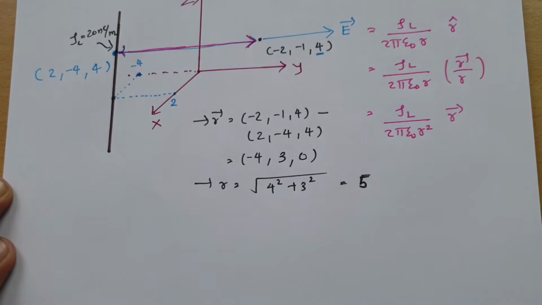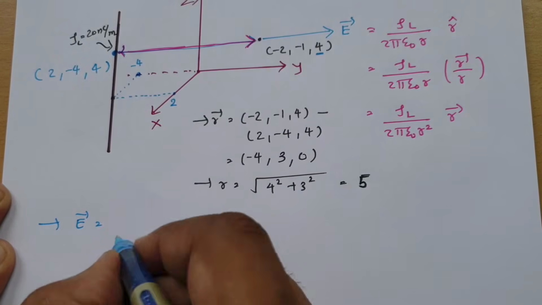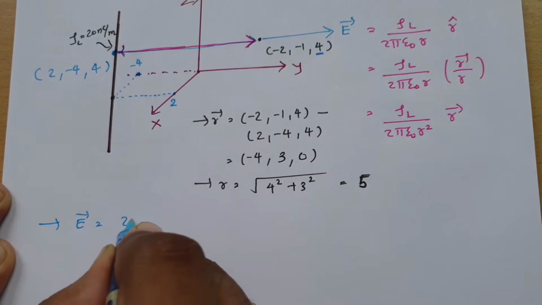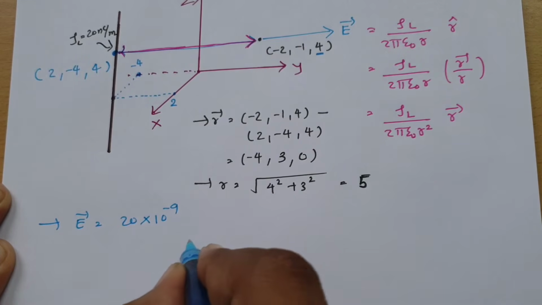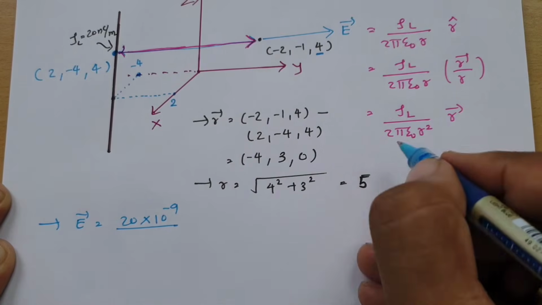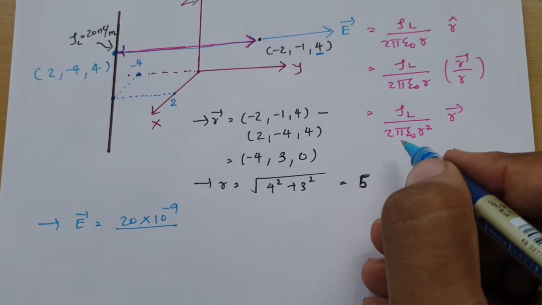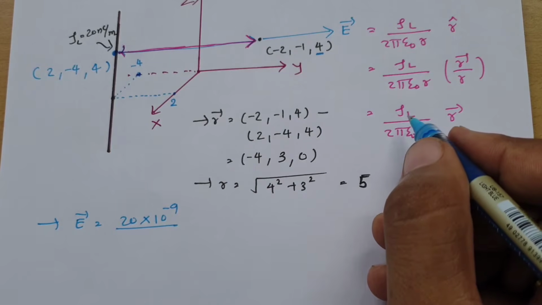So now the electric field will be rho L, that is 20 nanocoulomb. Nano means 10 to the power minus 9, divided by, now you see, 1 by 4 pi epsilon 0 is 9 into 10 to the power 9, right?